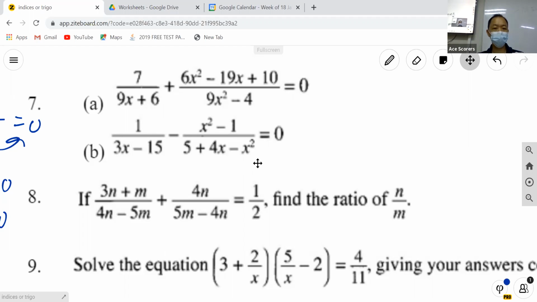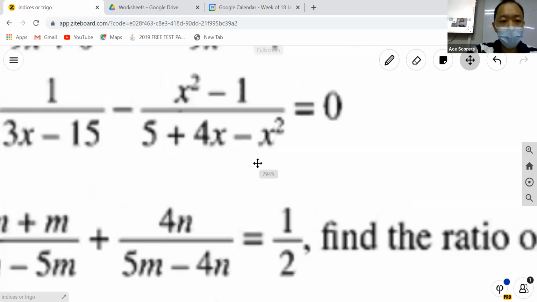This one, can I cancel? So what will you get at the top?